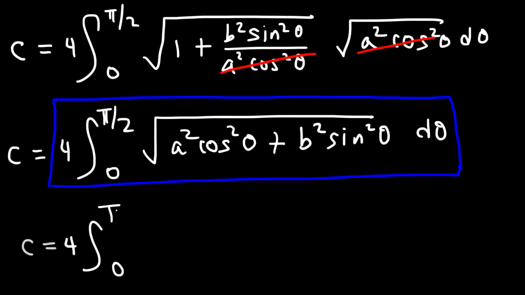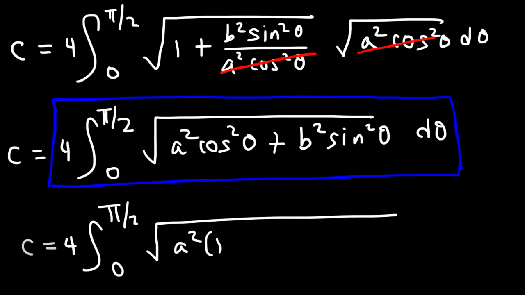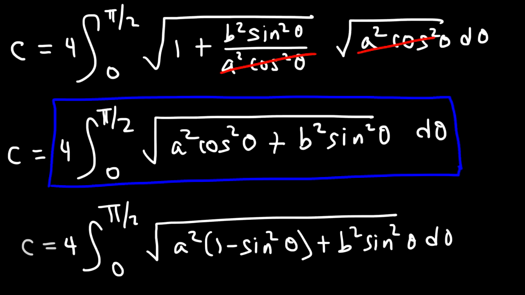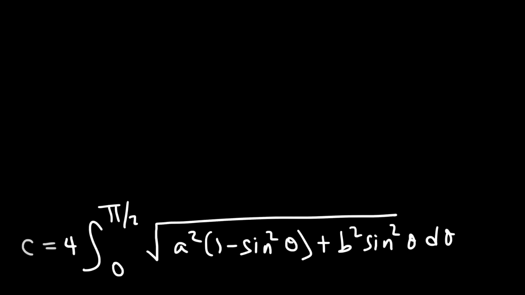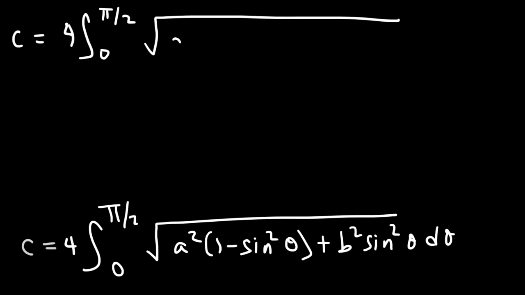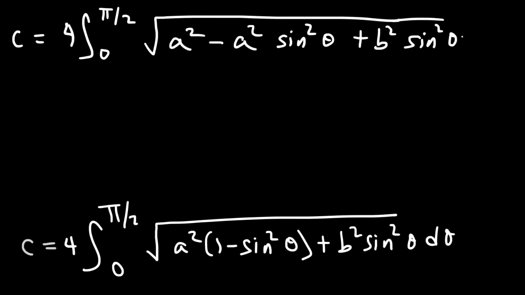So what we're going to do is replace cosine squared with 1 minus sine squared. And then we need to distribute the a squared. So it's going to be a squared minus a squared sine squared theta plus b squared sine squared theta d theta.